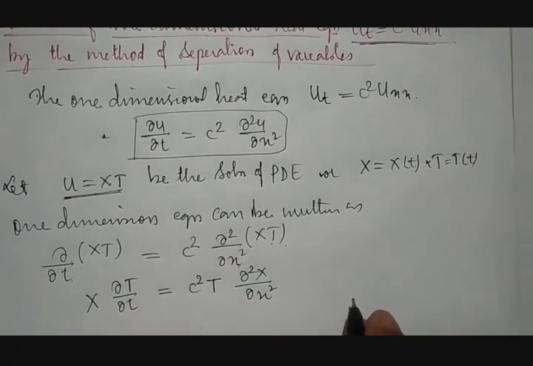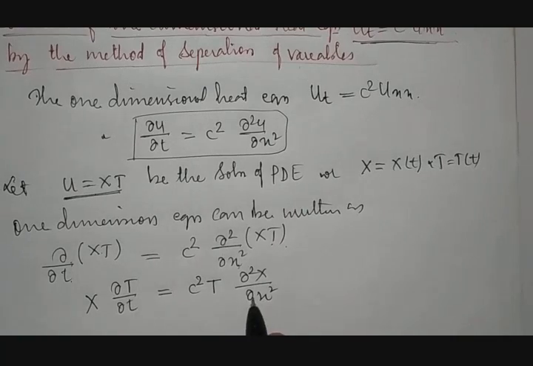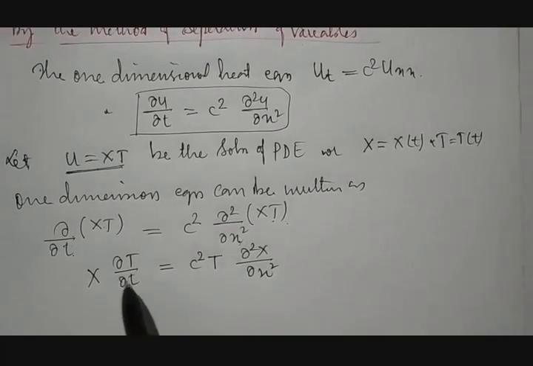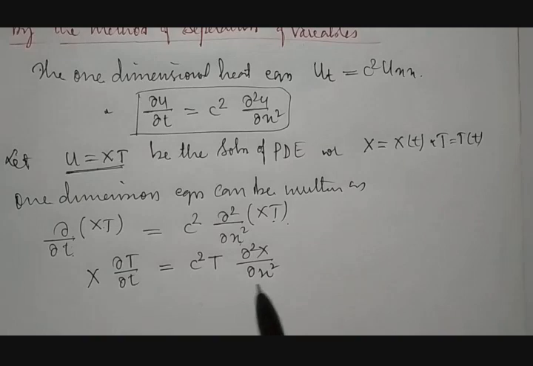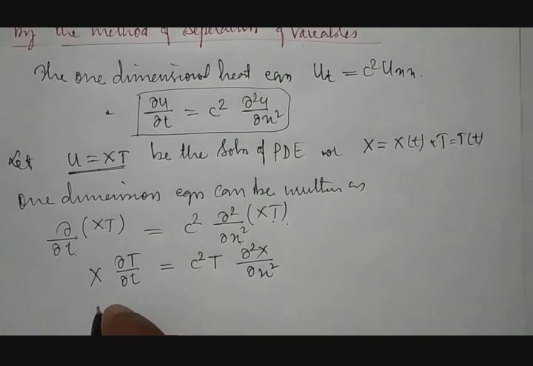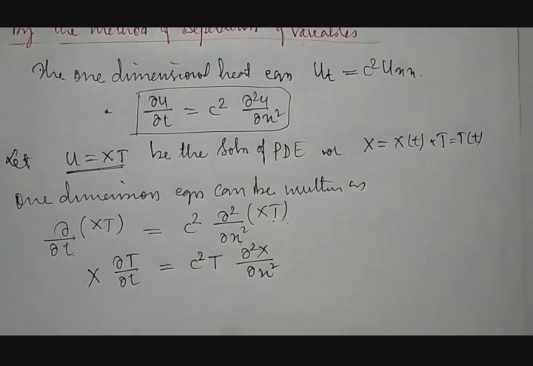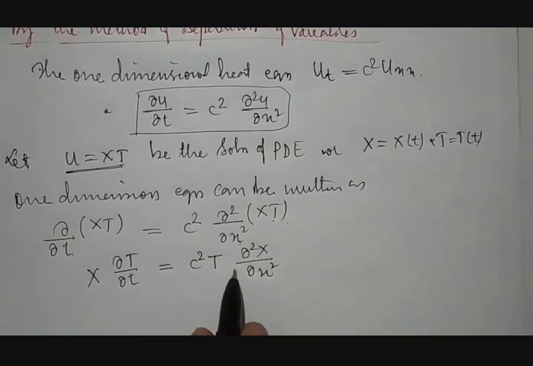Fine. Then take the variable separable method, because we can see it is with respect to t and X is along with that, and it is with respect to x and T is along with this. Therefore, we will take all T terms in one group and all X terms in the other group.